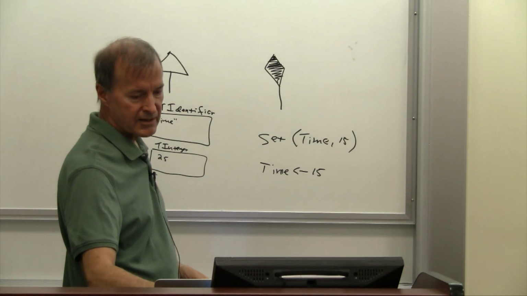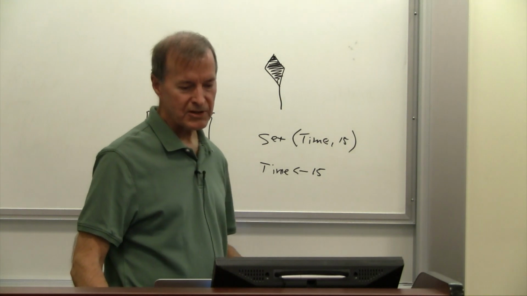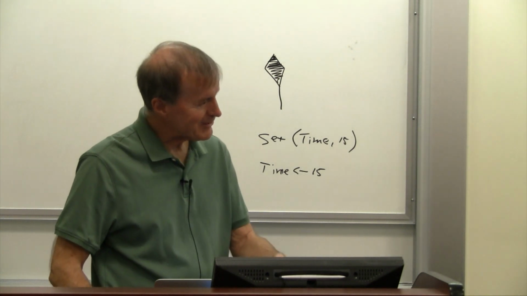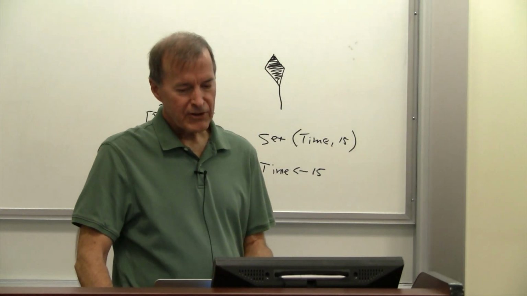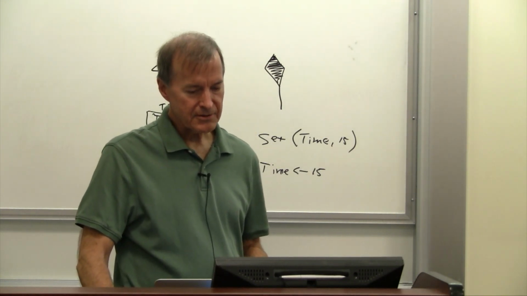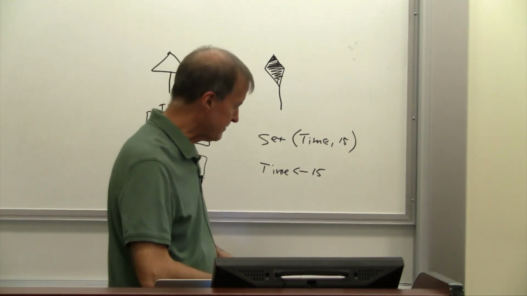So the maps.mnemon.stringTable.get(mnemonic) prints out the set, and then the left paren in the format string gets printed, and then the first arg.generateCode would print out this, and then the comma, and then the second arg.generateCode, and then this. Okay? This generateCode is different from that generateCode, so we won't look at that. Figure 7.45 is the lexical analyzer, and we've already looked at that. And then figure 7.46 is the parser.